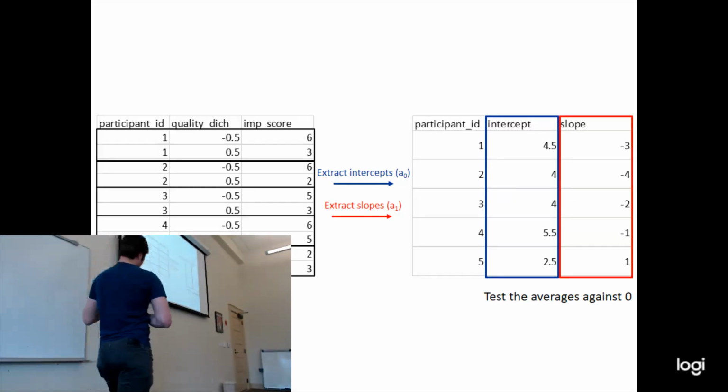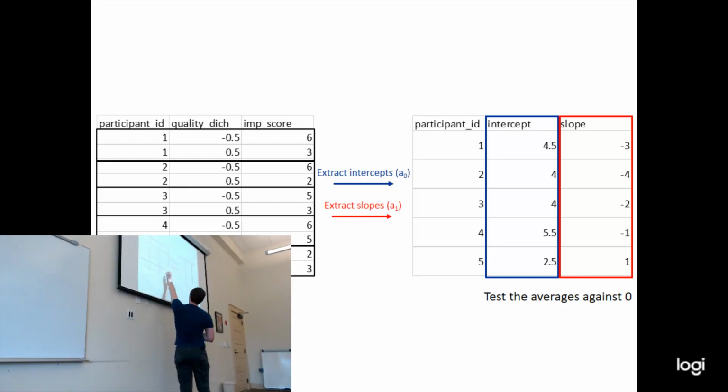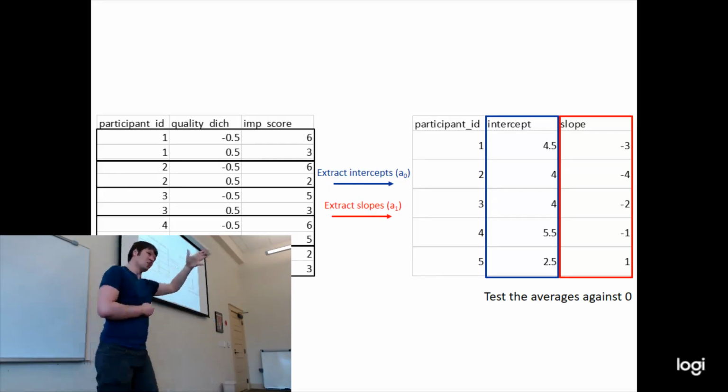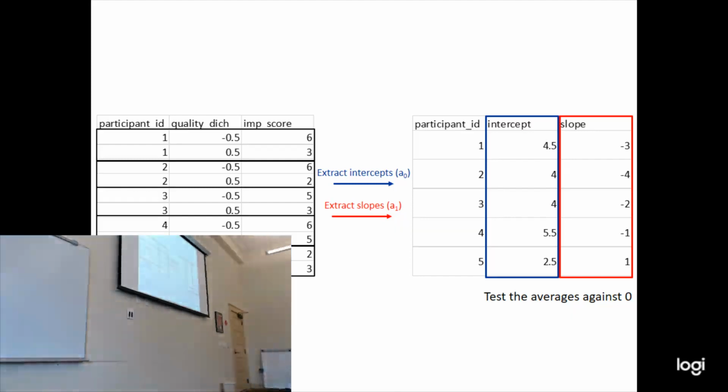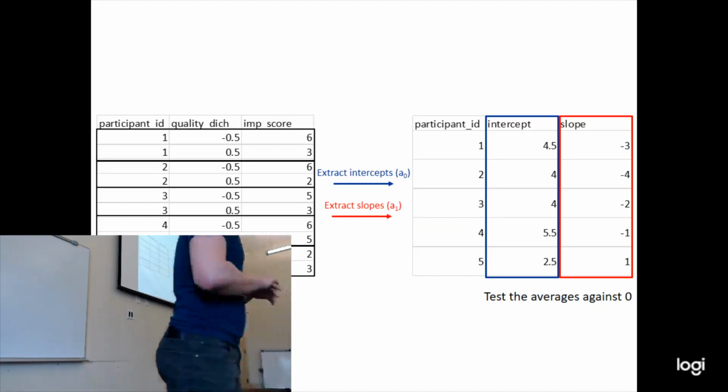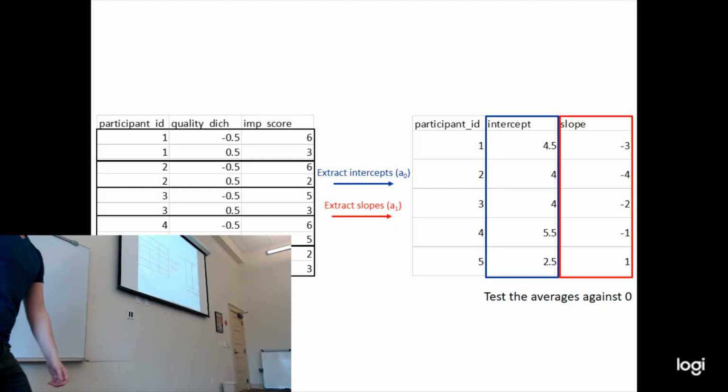So the intercepts I'm going to call b0, and the slopes I'm going to call b1. When we extended the general linear model, 0 was always the intercept and 1 was the first coefficient. So I'm just using that same standard here.